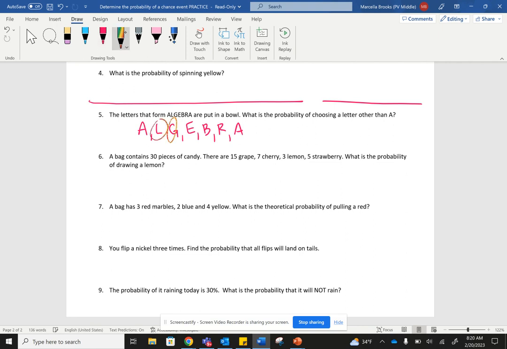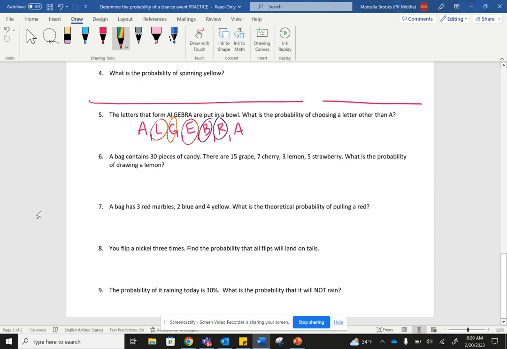So that would be L, G, E, B, R. So count those up and put them over the total possible outcomes. Number 6, a bag contains 30 pieces of candy. There are 15 grape, 7 cherry, 3 lemon, and 5 strawberry. What is the probability of drawing a lemon? You will have to simplify that.